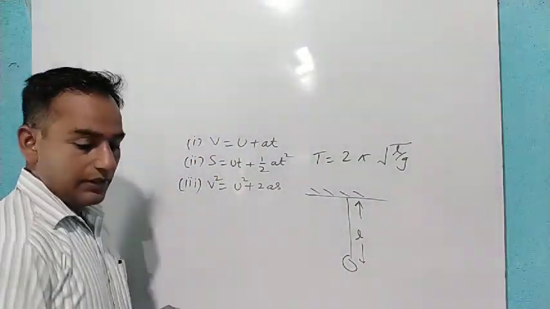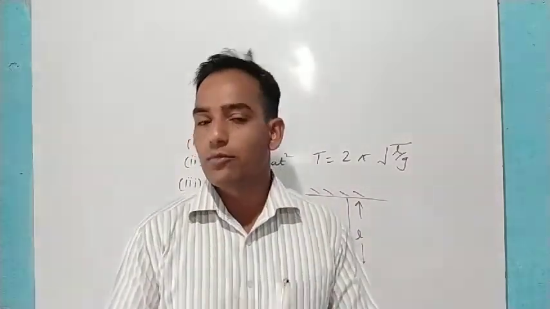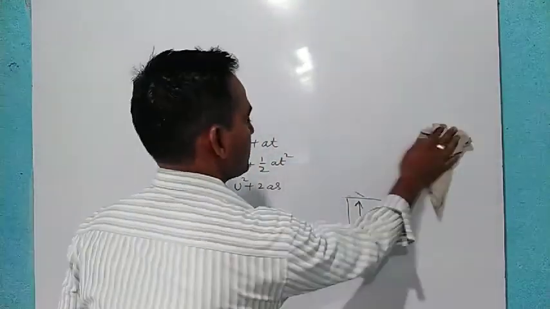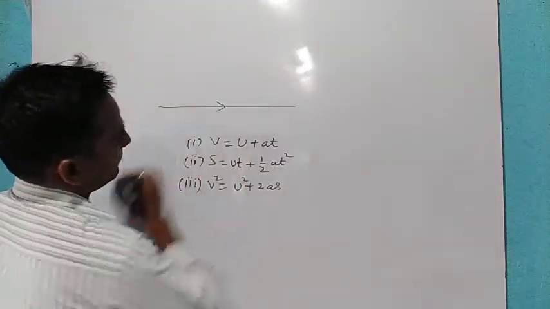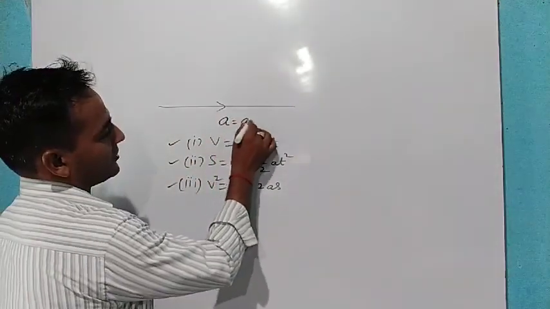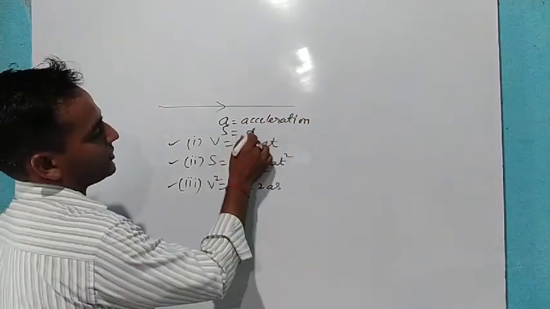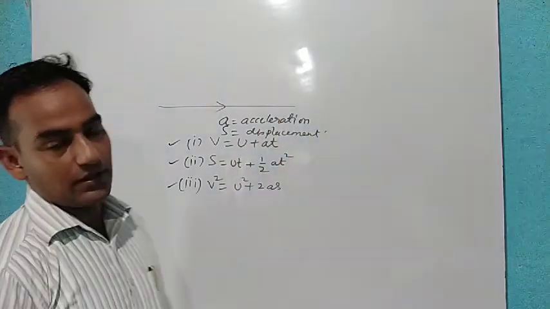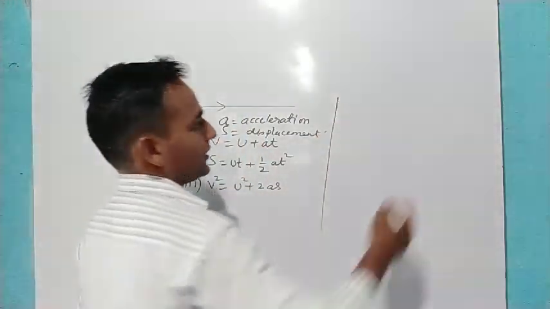Listen, if any object is moving in a straight line path, or linear motion is there, we use these three equations of motion, with A as acceleration and S for displacement, or you can say distance also.